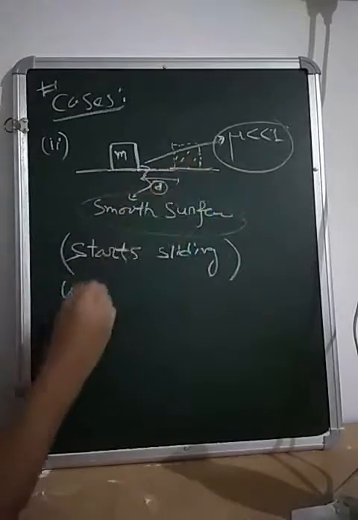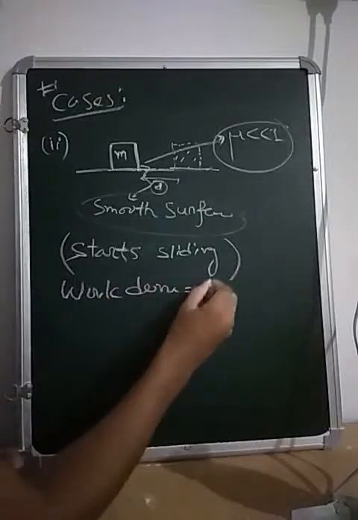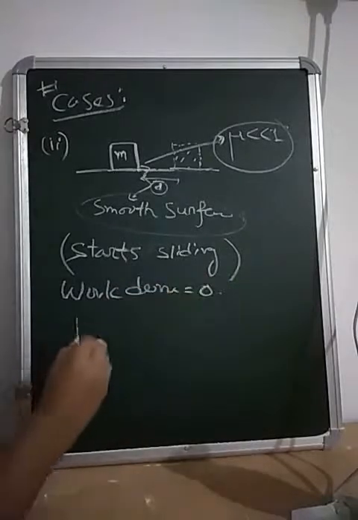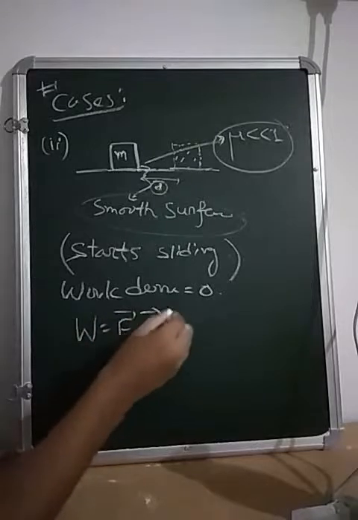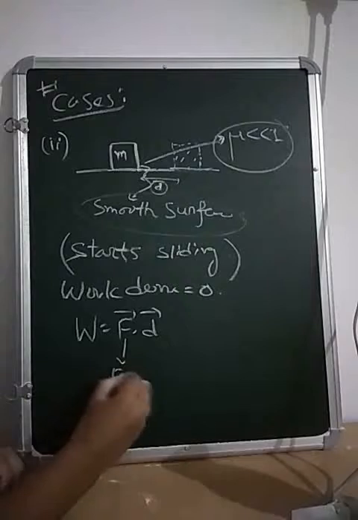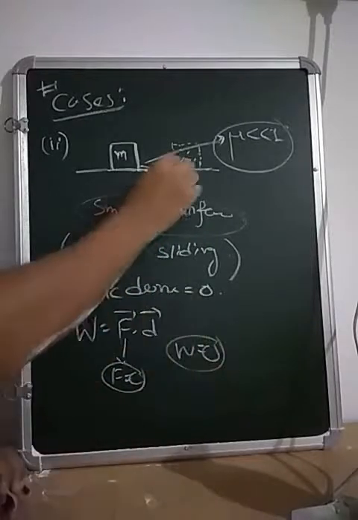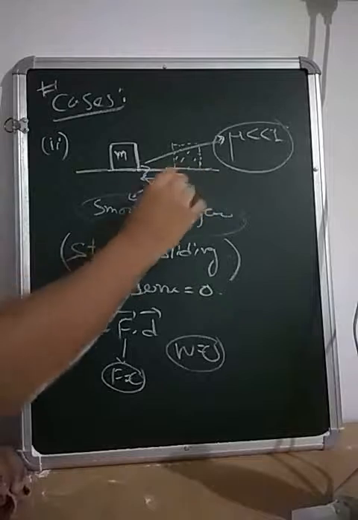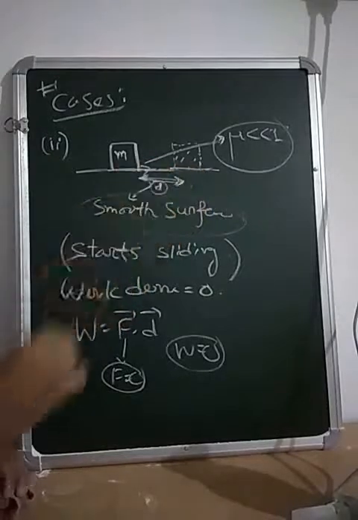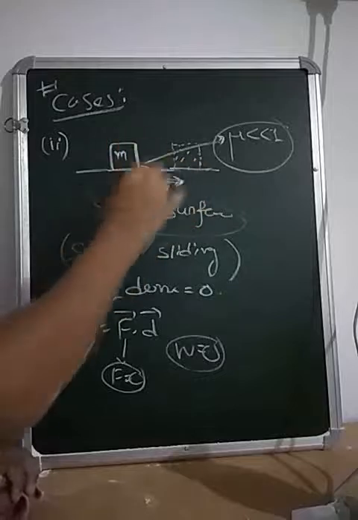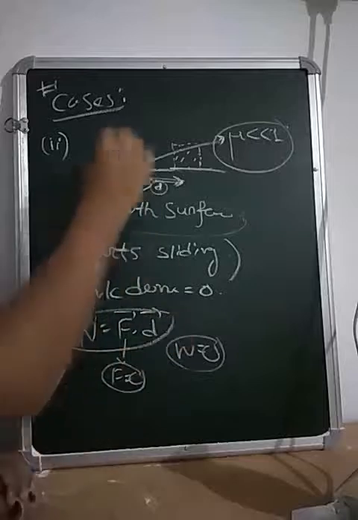In this case also, the work done is 0, because work done is F dot D. If there is no external force, F is equal to 0, and the work done is also 0. There is a finite displacement due to the sliding of the body on the smooth surface, but there is no external force applied on this body.